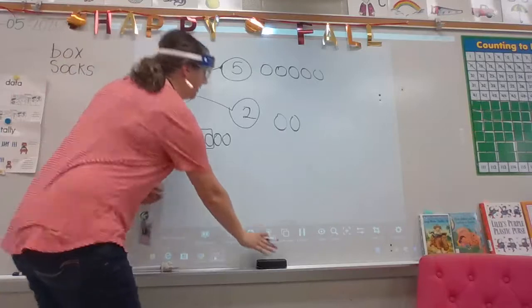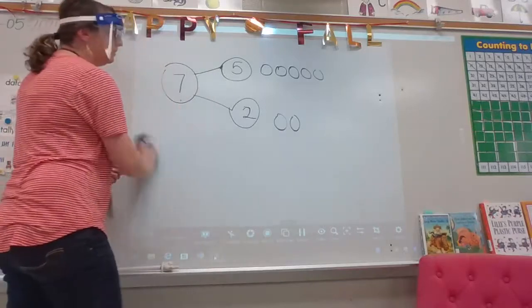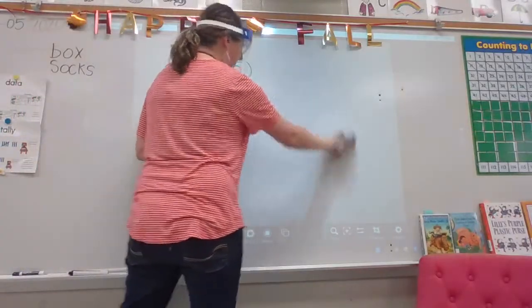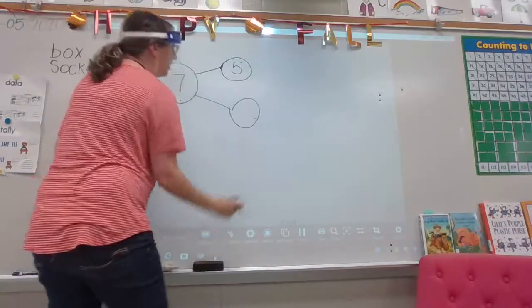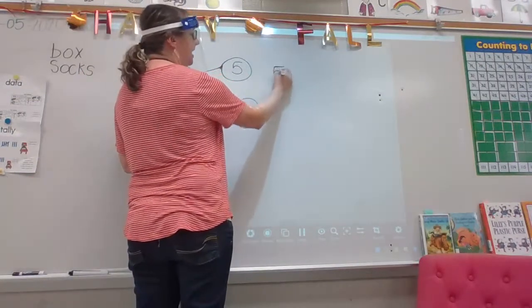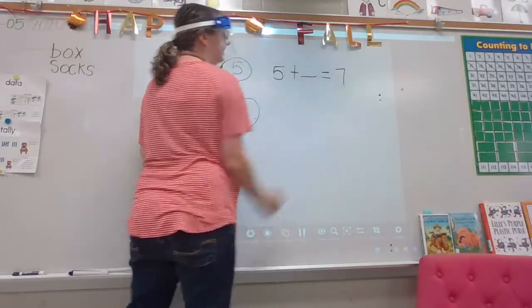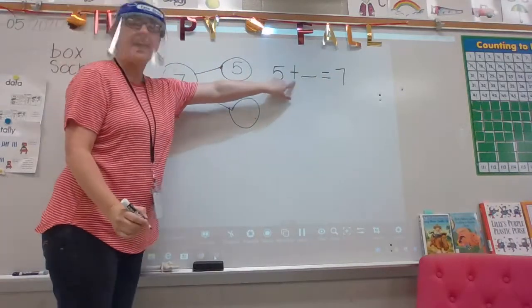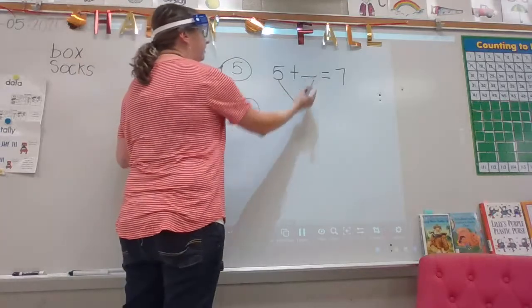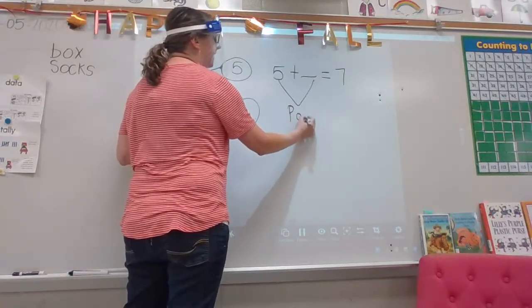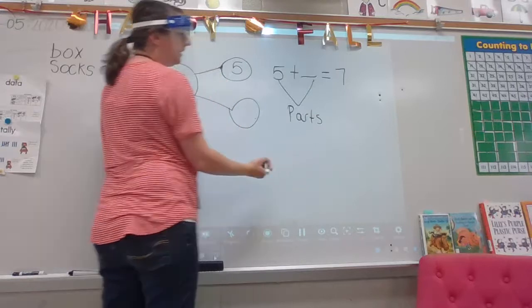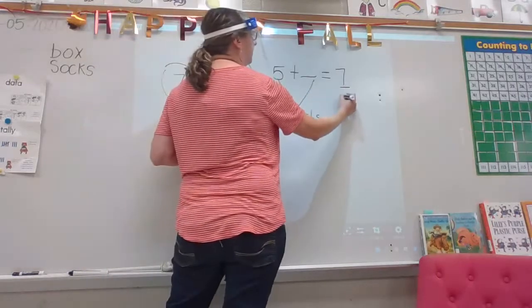Another way that we could do this would be to use a number sentence to help us. So let's say I had 5 plus blank equals 7. I know that since I'm adding, these two are my parts. The addends are your parts, and they will equal the sum.